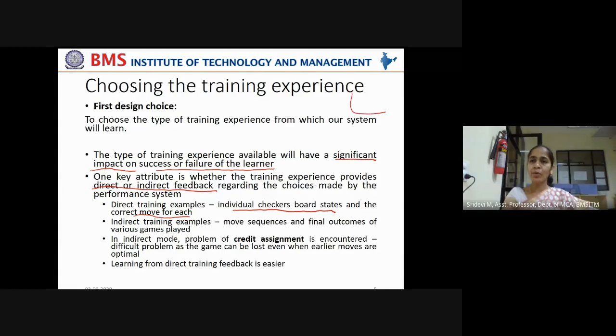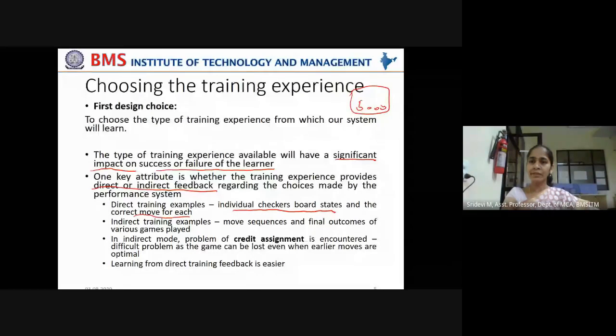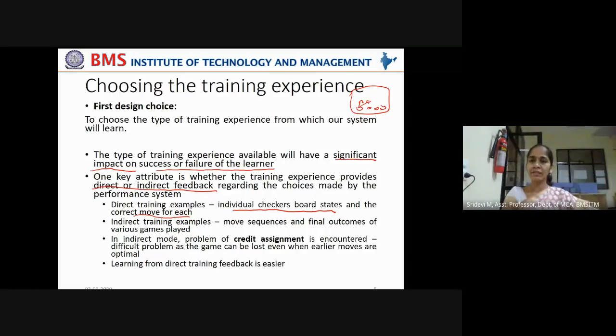Say there is a board like this, and there are coins like this. In order to play with the opponent, this checkers coin can be moved in this way. That is a legal state. It can also be moved in this way. That is a legal state. Or it can be moved in this way. That is a legal state. So for every individual board state, this is an individual board state.